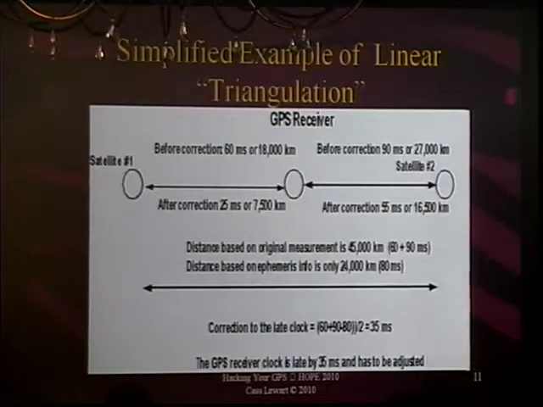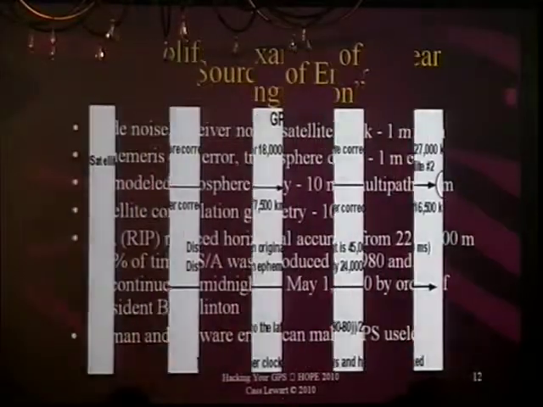And now you take the difference with your precise local clock, use the 300,000 kilometers per second speed, and you know exactly where you are in relation to the satellites. And the ephemeris information tells you where the satellites are with respect to the Earth, so now you know where you are on the Earth. So this is the basics of satellite navigation.